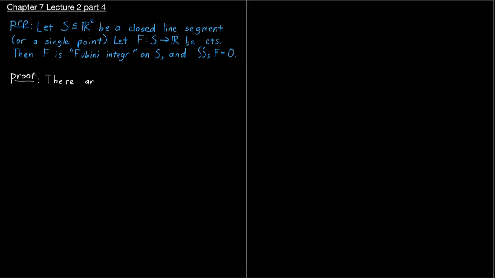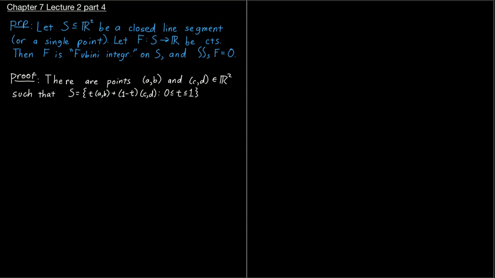So there are points A, B, and C, D in R2 that are the endpoints of S, and S is the set of all t times AB plus 1 minus t times CD, where I'm multiplying by t, so it had better be a scalar, and to be a line segment, we restrict t to be between 0 and 1.